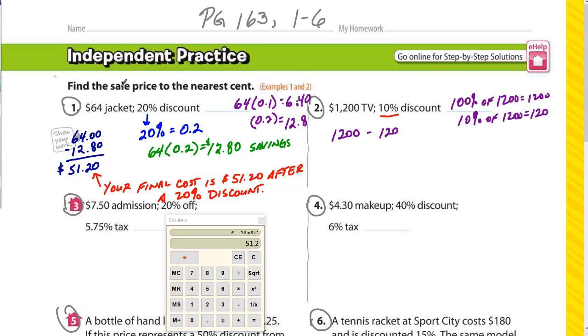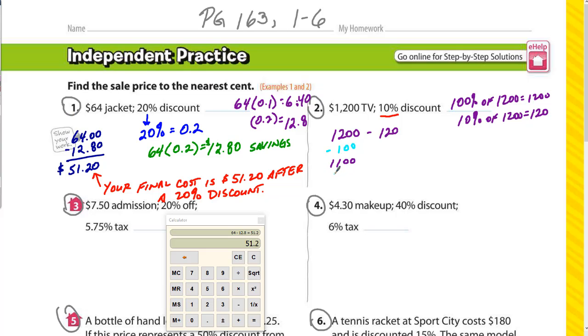So the first thing I'm going to do is take away the 100 of that 120. Let me change up my take away 100 color here just to make it stand out. So that's going to give me 1,100.